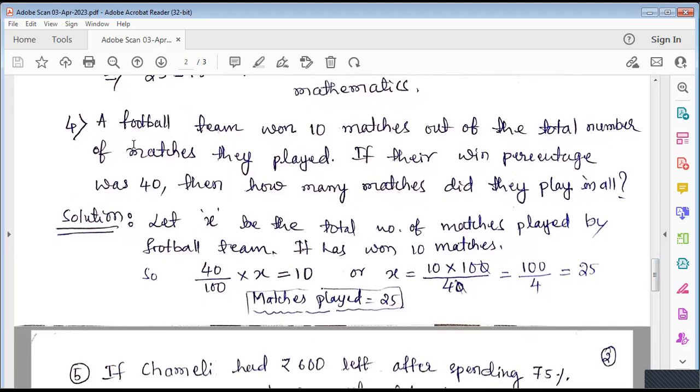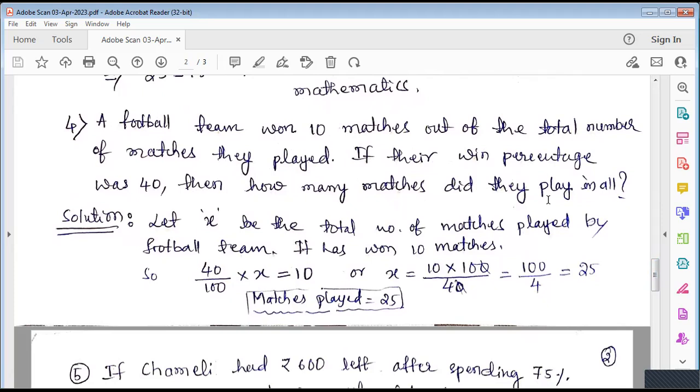Fourth problem is like this. A football team won 10 matches out of the total number of matches they played. If their win percentage was 40, then how many matches did they play in all?